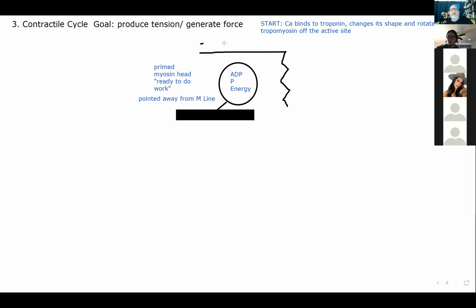So let's go ahead and put our tropomyosin there, put our troponin on it, bind a couple calcium to it, and remind us that this has been moved out of the way.